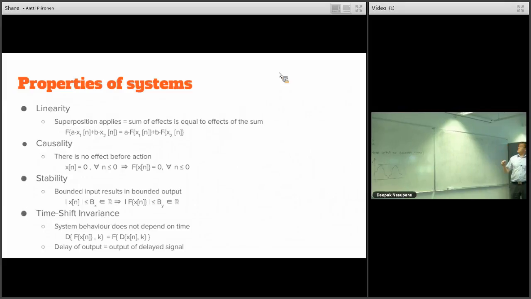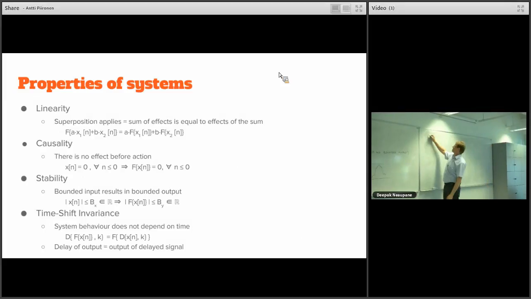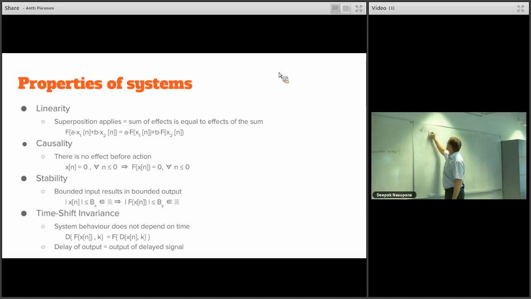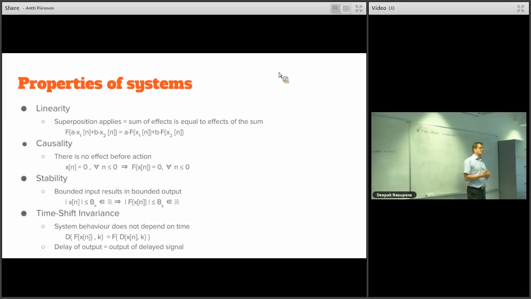Third one, fourth property, is time shift invariance. Time shift invariance means that the system properties do not change by time.